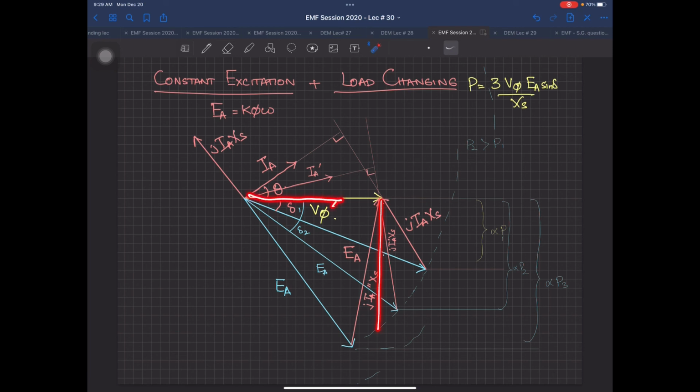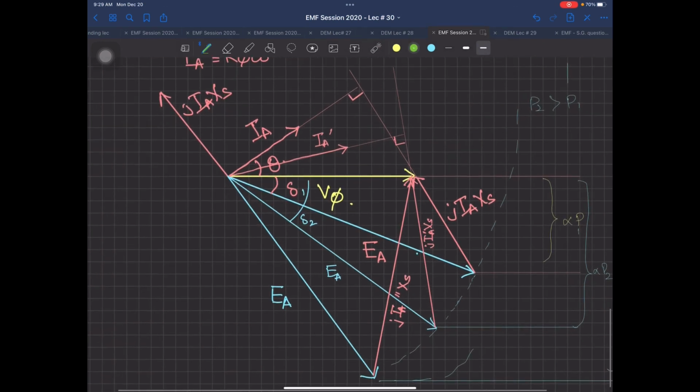The current IA would be like this, in phase with V phase. But here this is a little bit back. So what this means is that now my current, if I draw this one over here, I'm just going to draw it with some other color so that it's a little legible.